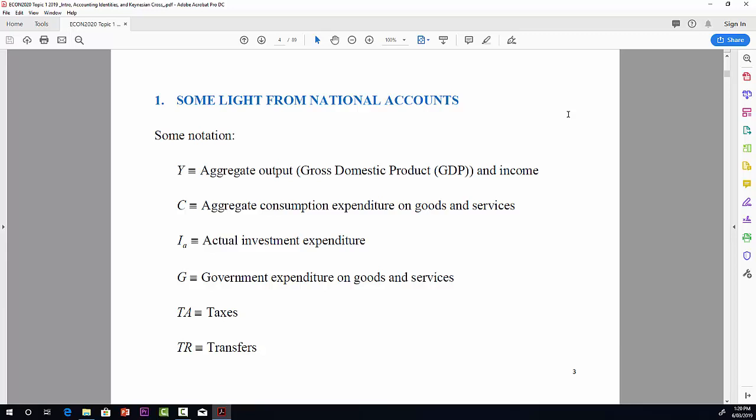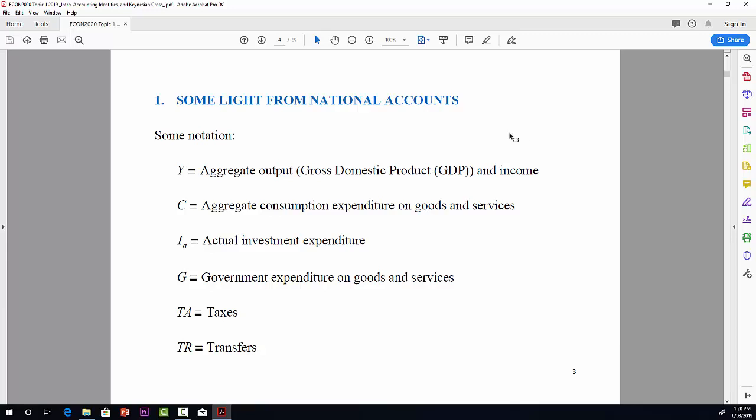So first of all, some notation. Capital Y is aggregate output, or gross domestic product, GDP, which is also national income. Capital C is aggregate consumption expenditure on goods and services, so what we consume.